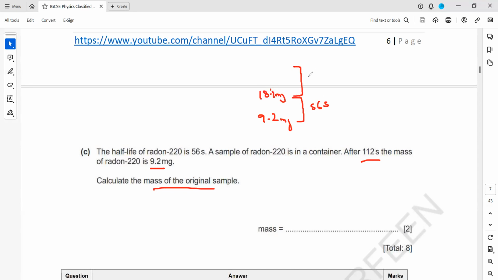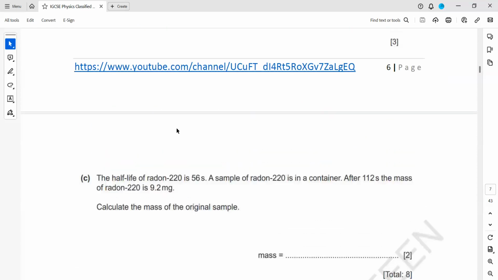Then before another 56 seconds, it will be 18.4 multiplied by 2. So 36.8. So 36.8 milligrams will be there before 112 seconds.